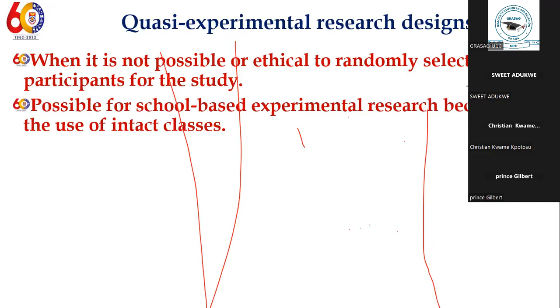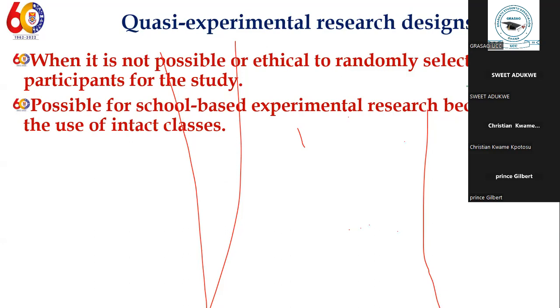One of the interesting aspects of this design, especially when it is school-based, is that it is unethical to some extent to be comparing the performance of maybe science students to, excuse me to say, visual art students on some phenomenon.